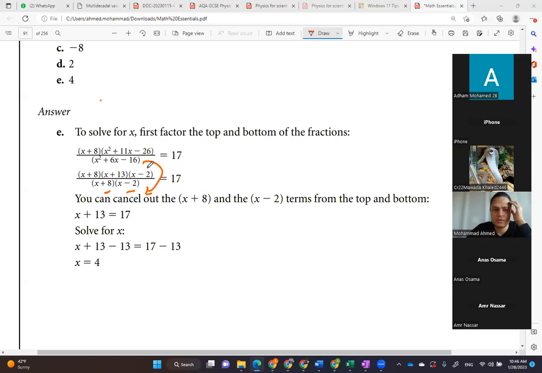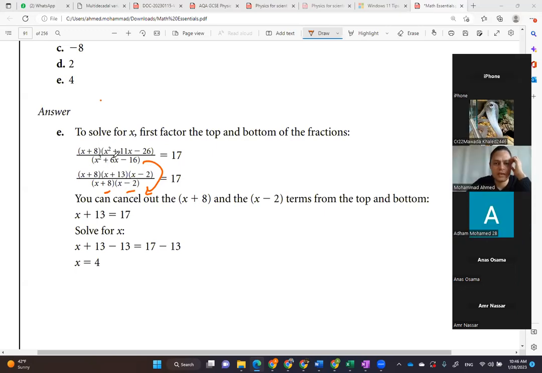Okay, so for the answer of this question, you have to look at the 6x. We have to look at the constant value and the parameter in the middle. So we agree that 8 multiplied by 2, either negative 8 multiplied by 2 or negative 2 multiplied by positive 8, both give me negative 6. So I have two solutions. I'm going to use the one related to the middle part.